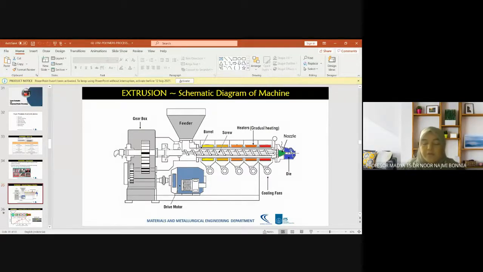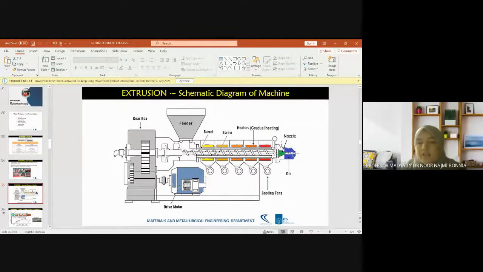So we have to take note of parameters like melting point, viscosity, modulus of elasticity, and curing, and take precautions in order to do this processing.